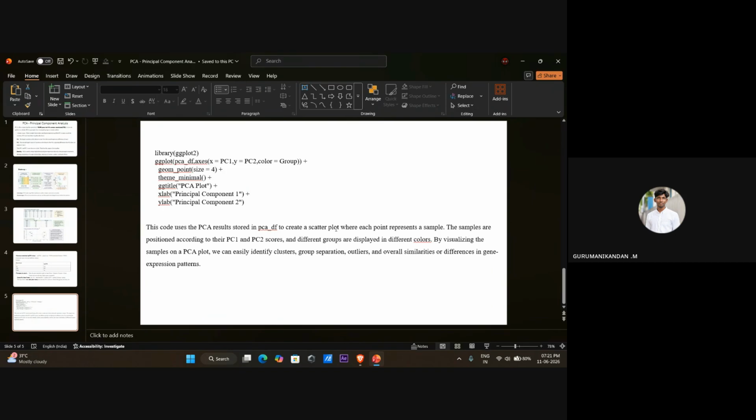Then it scatters the plot. Each point represents a sample, plotted by its PCA values on the PC1 and PC2 axes. Colors are included to differentiate the samples, so that the PCA plot identifies clusters, group separation, outliers, and the overall similarities and differences in the gene expression data.